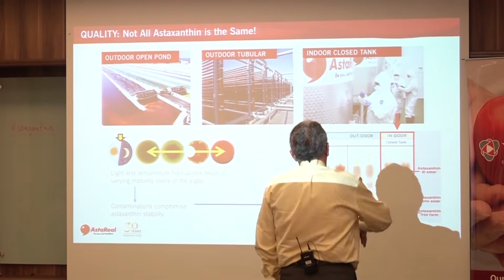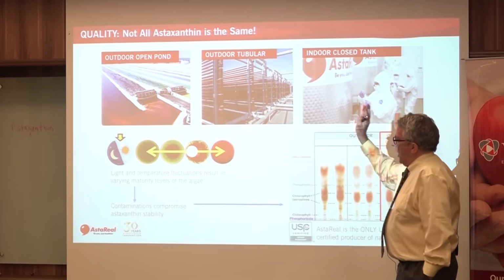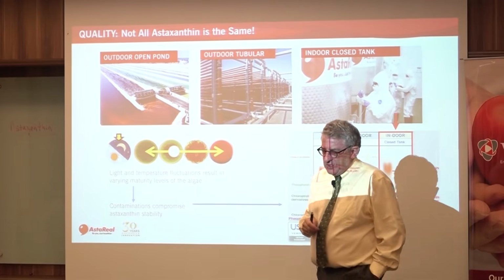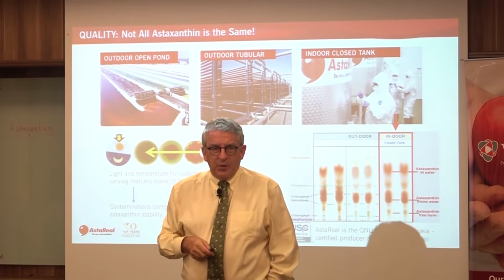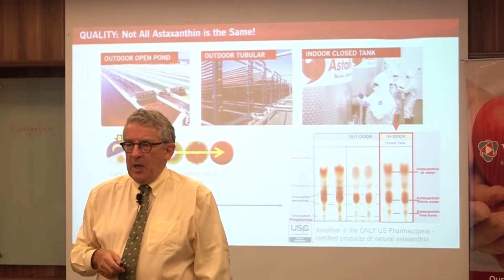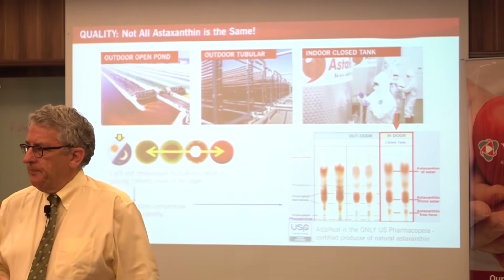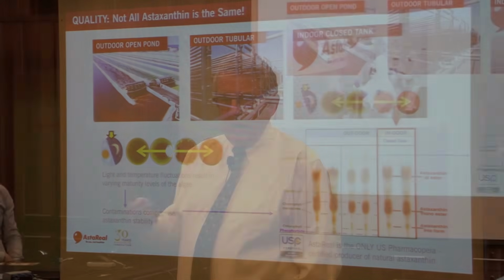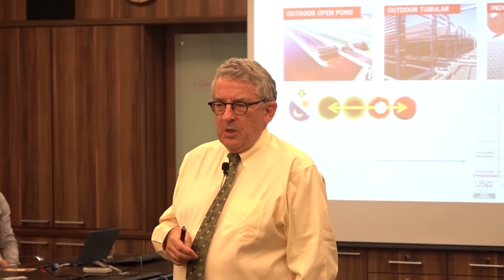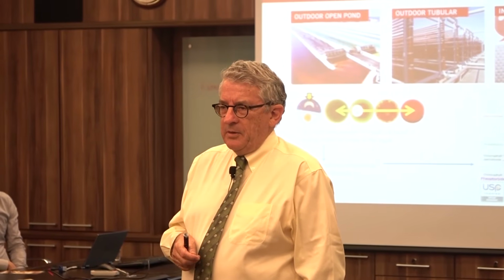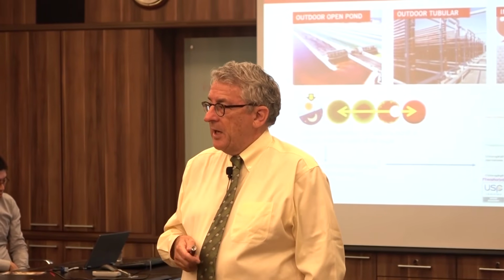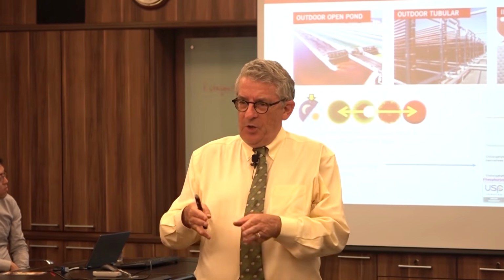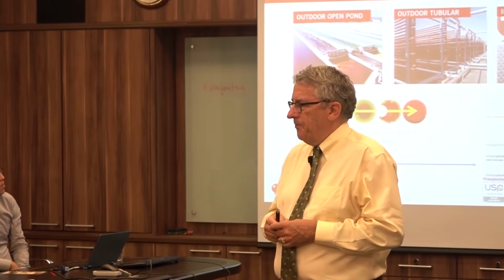And also there's a whole other range of quality control. I was actually a customer of Astareal for a decade before I became a consultant. So I've actually seen the impact in our customers of astaxanthin from Astareal for a decade. So I have a lot of experience from the consumer point of view.